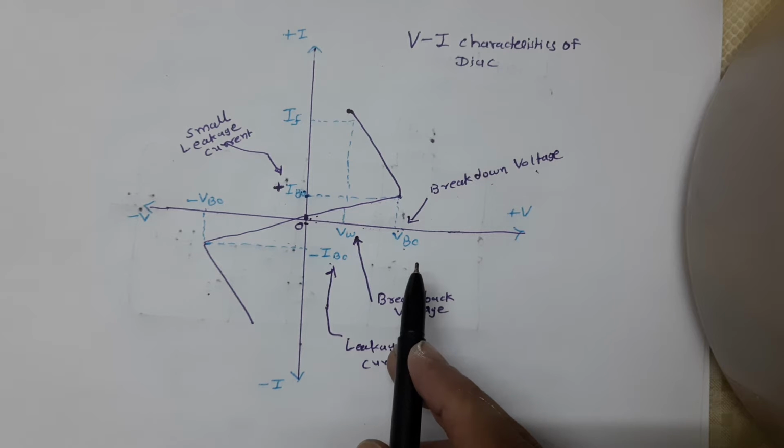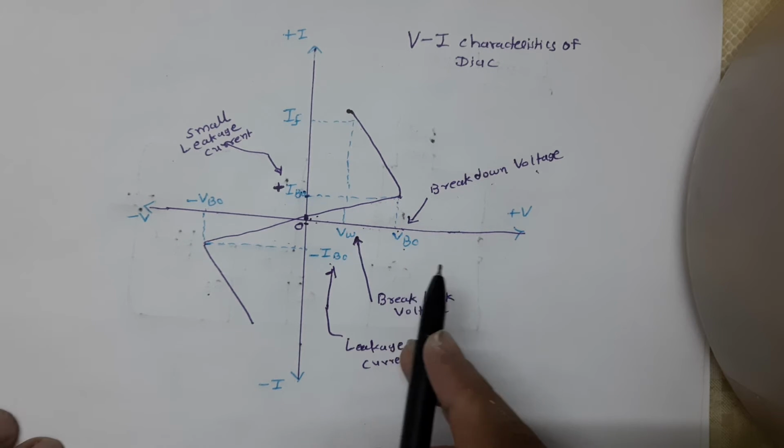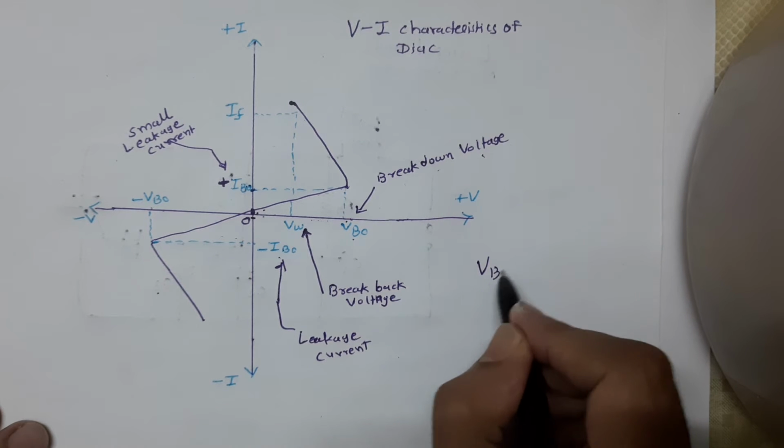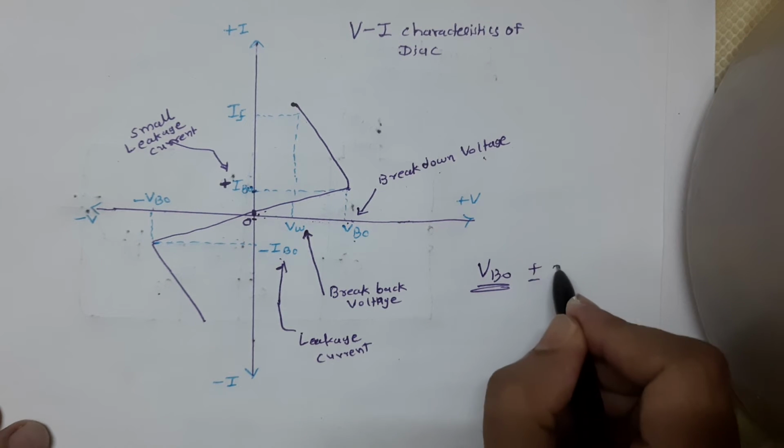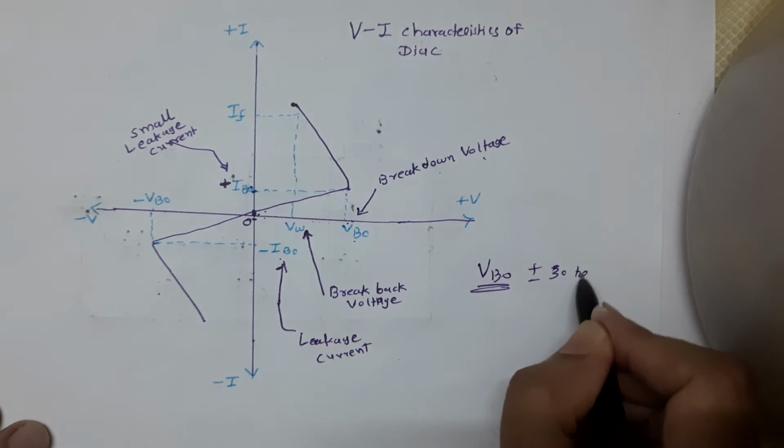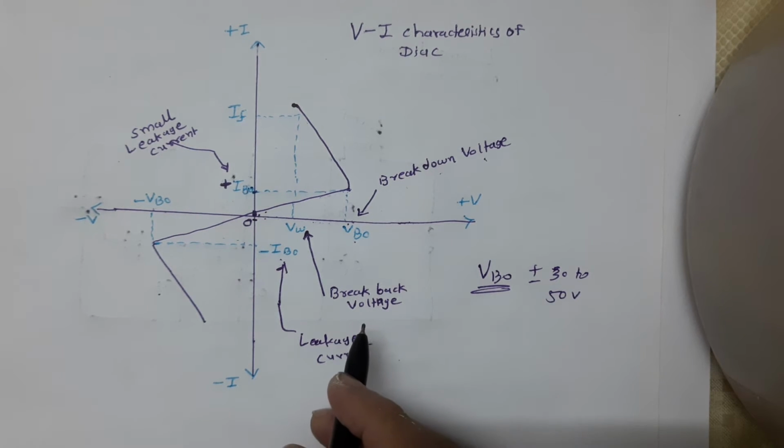The voltages plus VBO and minus VBO are the breakdown voltage and usually have a range of 30 to 50 volt. So the VBO is in between plus or minus 30 to 50 volt.